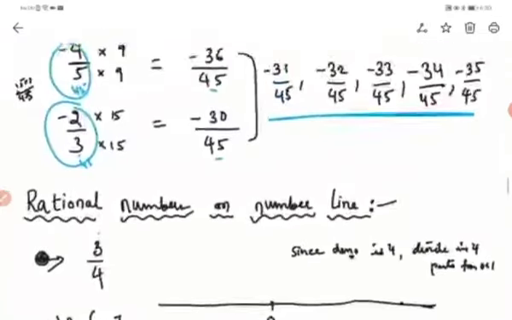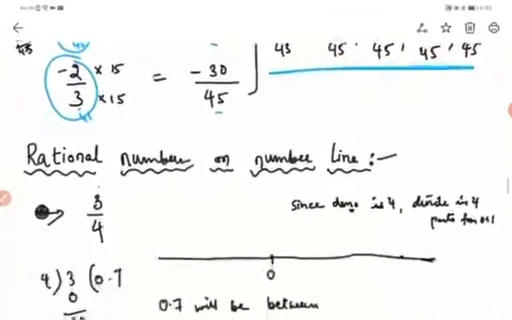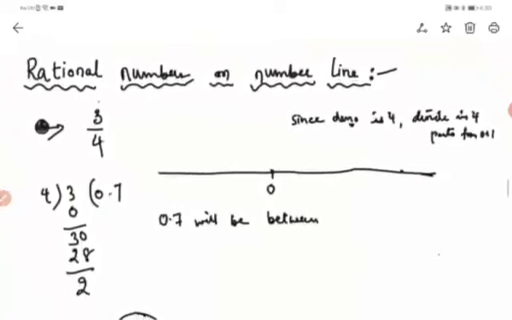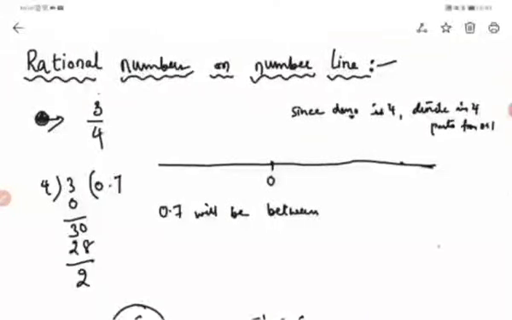So we were discussing the rational number, any number given on the number line, how to plot it. If you have any whole number, as we discussed, 2 or -2, you will easily plot it on the number line, isn't it?